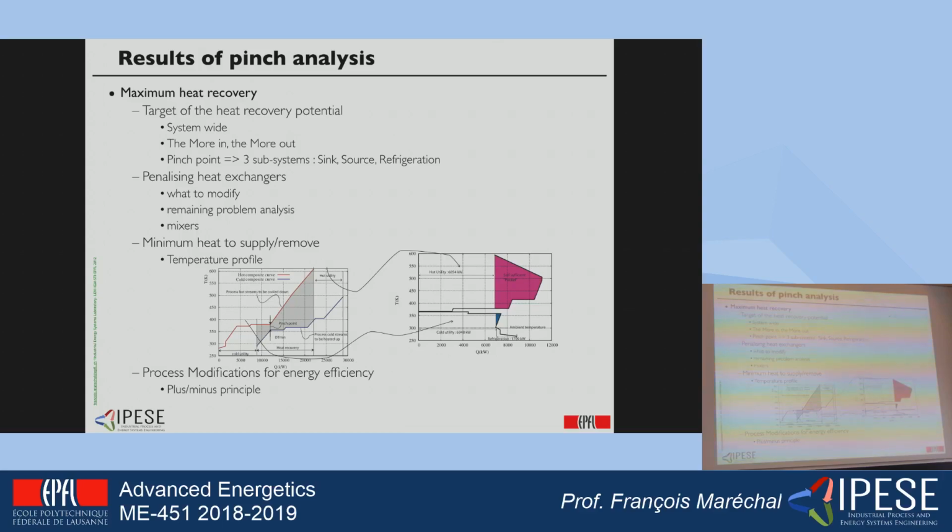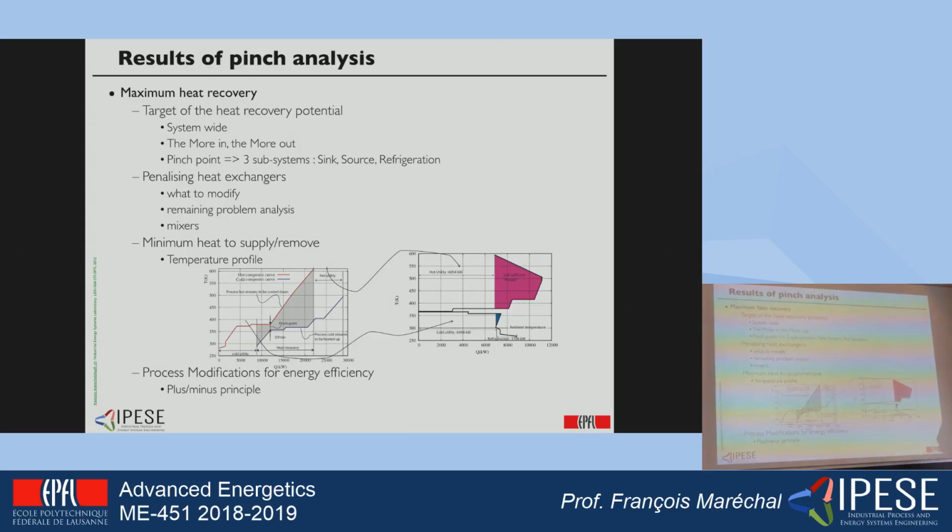This analysis was also allowing us to identify what were the penalizing heat exchangers. There are three types of penalizing heat exchangers. The first is the cold utility that is used above the pinch, because above the pinch normally there is no need to use cold utility, as all the heat of the hot streams is needed by the process streams.